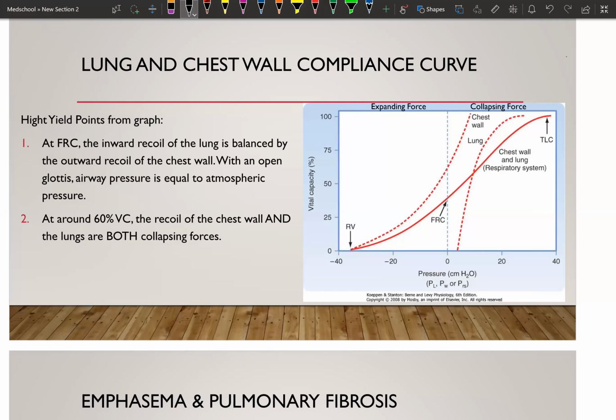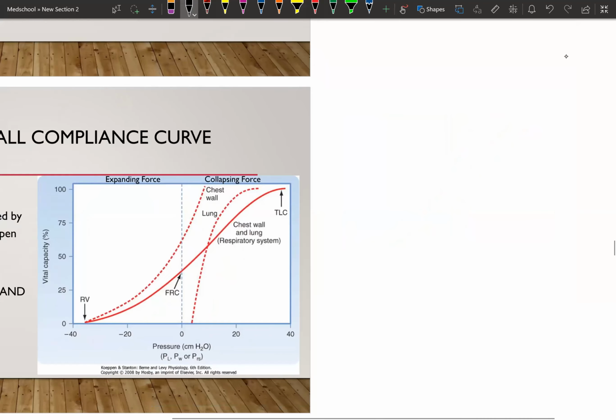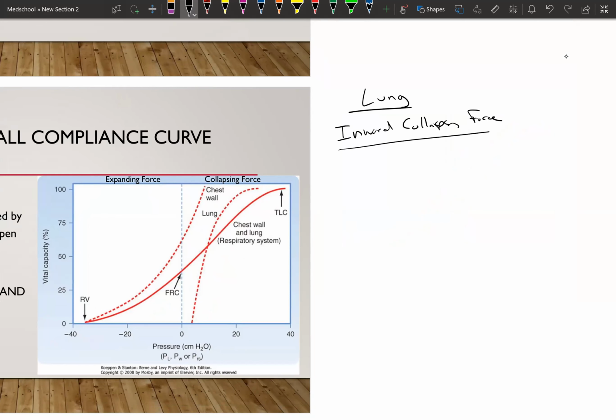What we're looking at here, and we've talked about this, is that there are two things that cause an inward force on the lung, right? The lung has an inward collapsing force, and those inward collapsing forces are mainly due to two things.